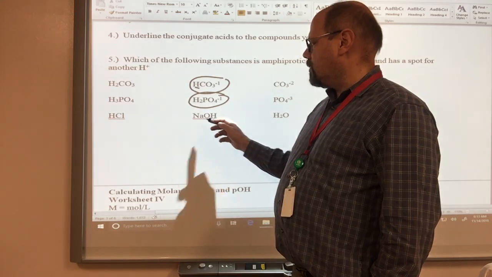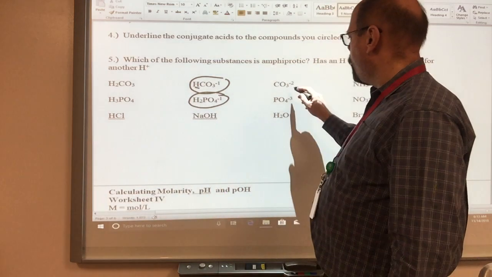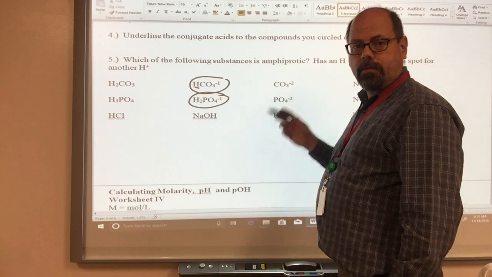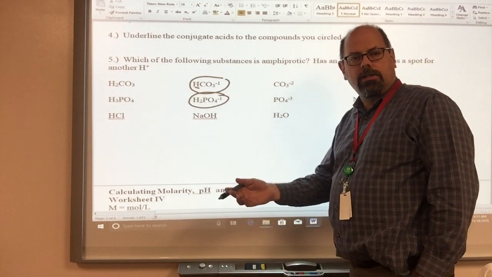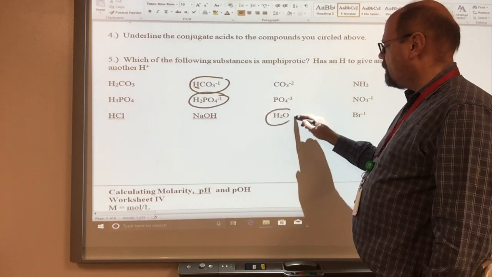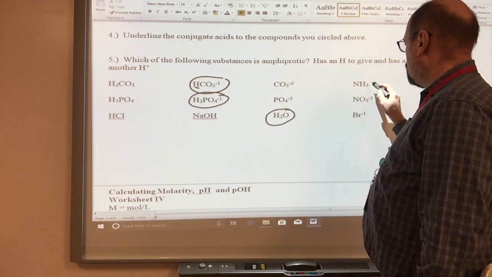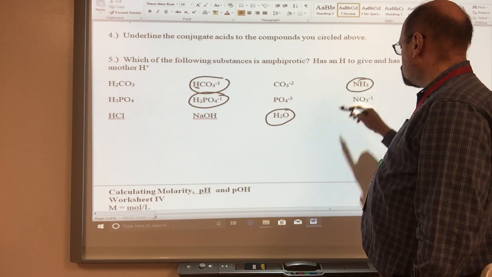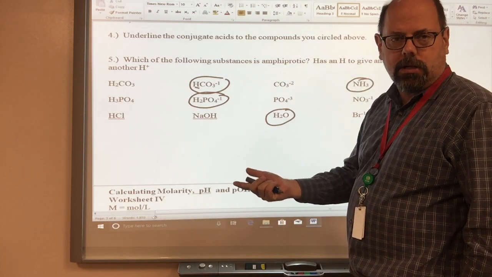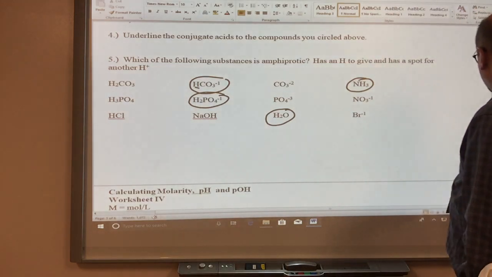This one can only take H's. That one can only give H's. This one can only take because it's got room for them, but it doesn't have an H to give up. Water can give and take H's. And then ammonia can give or take H's, and that's it. So those are the substances that can both give an H because they have an H on them, and take an H.